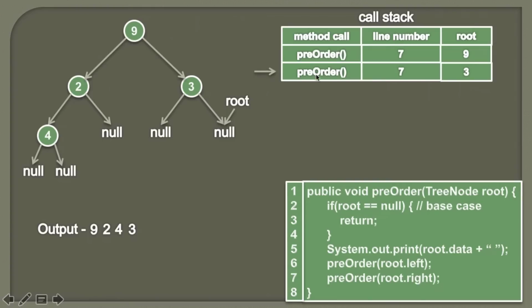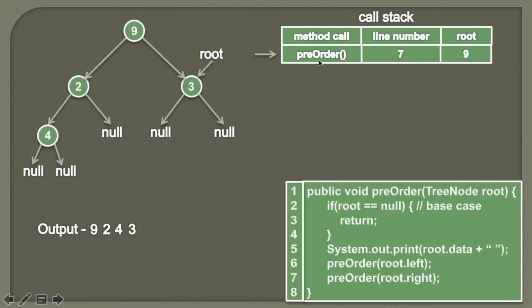Now we will again start executing this pre-order method, and we know that we had left this method from line number 7. So we'll start from line number 7, and we also know that when we had left this pre-order method, root was pointing to 3. So root will reach 3. Moving ahead, once we have executed all the statements, this pre-order will be removed from the stack, and the execution point will go to the method which called this method.